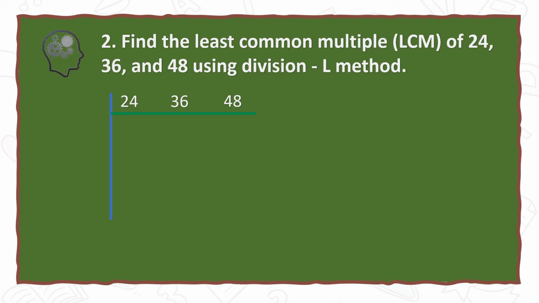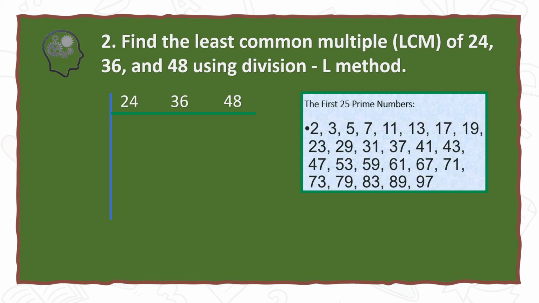And step number 3, write down the prime numbers that we can use. And once again, if they cannot be used as divisors, you can have a prime number which is greater than 97. Search the internet. All right?